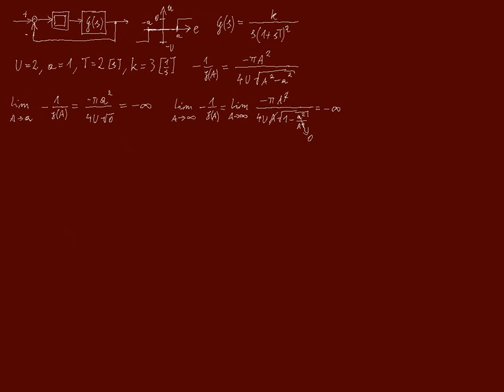We therefore have a situation in which both the beginning and the end of the characteristic are at minus infinity. The static characteristic has no hysteresis, so the entire graph is on the real axis. We are therefore dealing with a two-way graph.